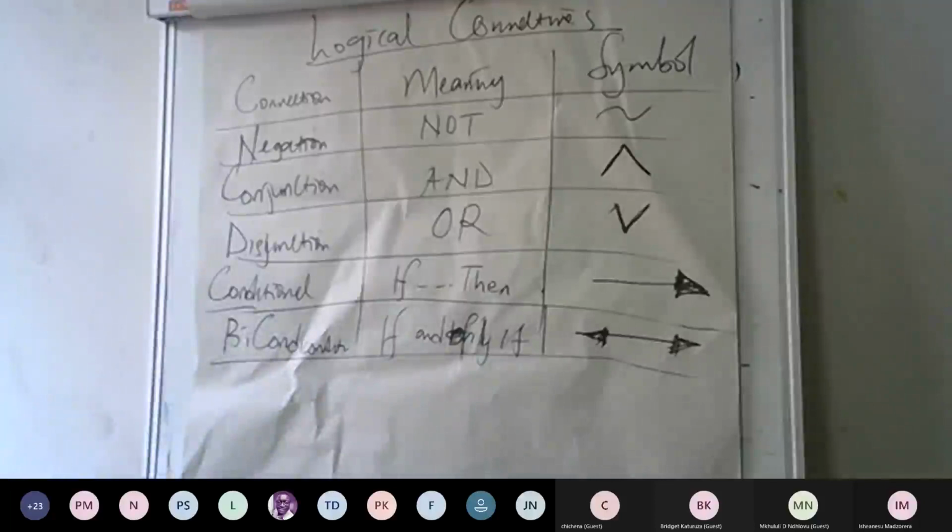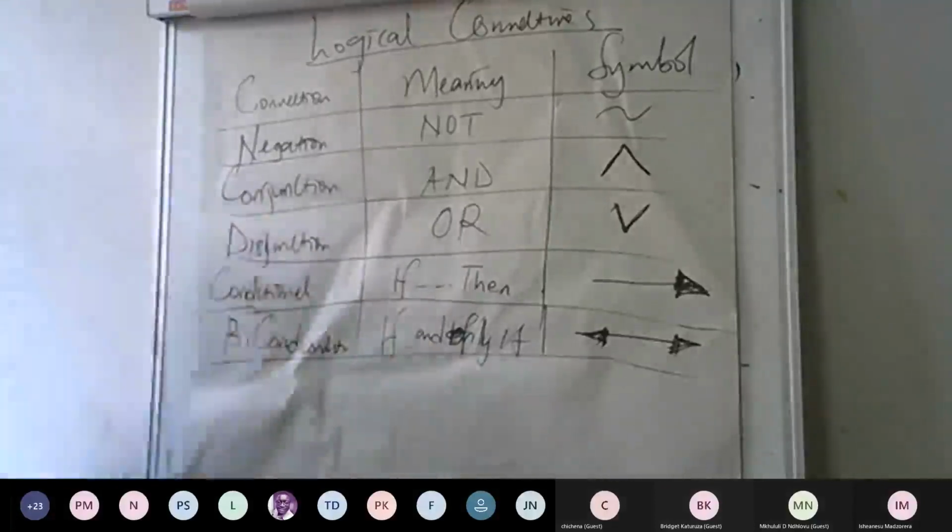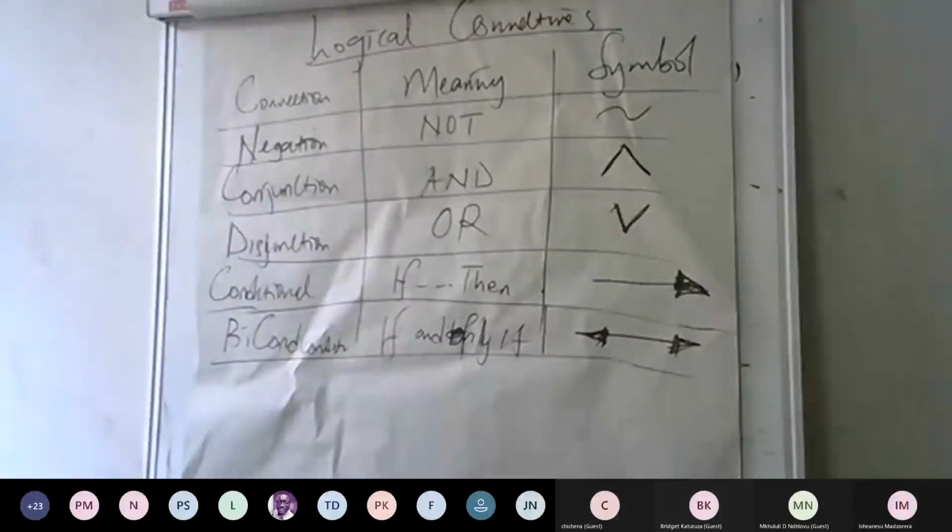Now, each of these has its own truth table, which is in the module, right? It's good to cram every truth table in the module under these sections, but it's nicer to know how to come up with that truth table. Because if you cram and you don't understand, when you get to an exam and encounter a problem, as you will in a few weeks, you will be stuck.